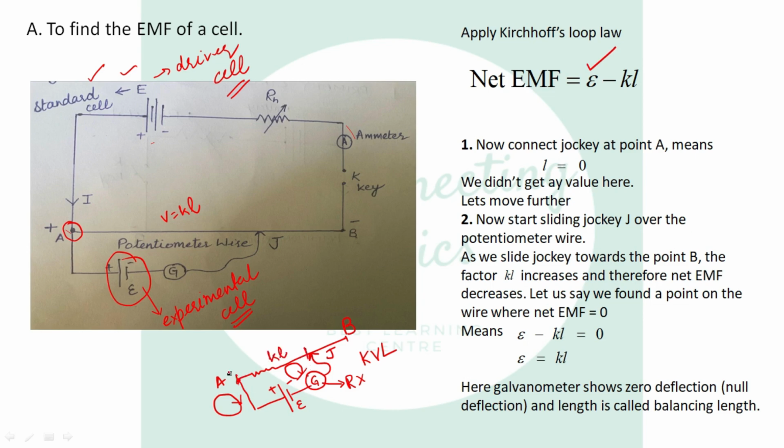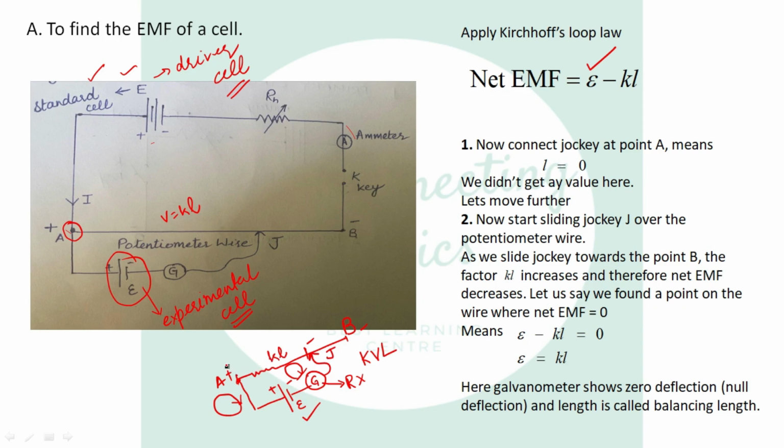But here is positive and here is negative, because point A is at positive potential and point B is at negative potential. So here the potential drop is minus KL because we are going from positive to negative. According to Kirchhoff's voltage law, when we move from negative to positive, EMF is taken as positive, and when we move from positive to negative, the voltage drop is taken as negative.